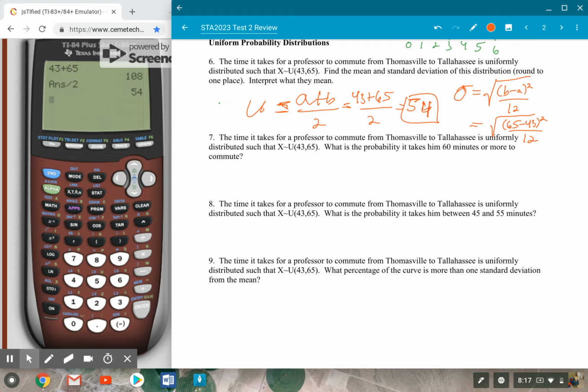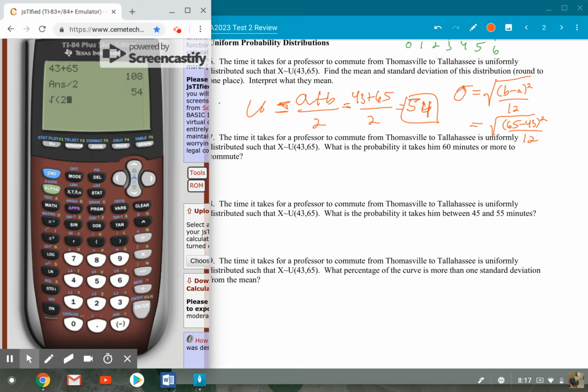Well, 65 minus 43, that's 22. So I'm looking at the square root of 22 squared divided by 12, all underneath my square root. I'm squaring it, dividing by 12. Square root of all this gives me 6.4.